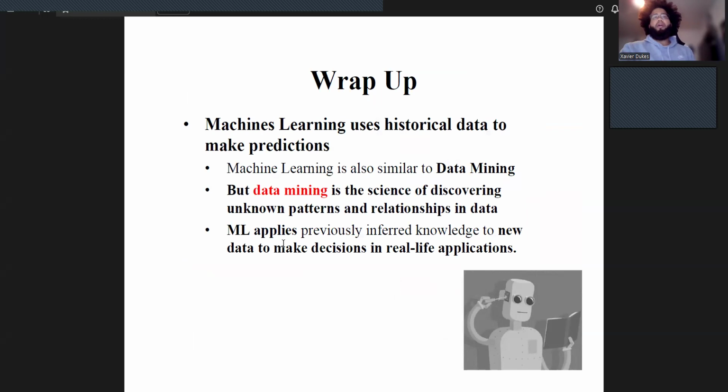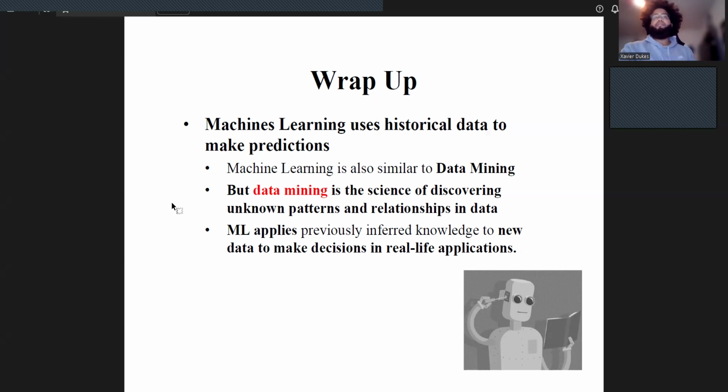So a little bit about everything we just covered. Machine learning uses historical data to make predictions. Machine learning is also similar to data mining, but data mining is the science of discovering unknown patterns in data and relationships. However, machine learning applies previously inferred knowledge to new data to make decisions in real life applications.